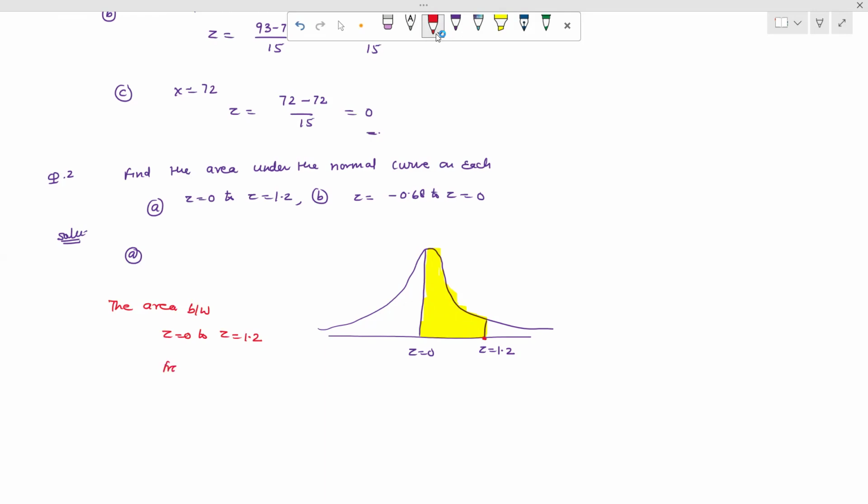We can write down, from the normal table, the area is 0.3849.